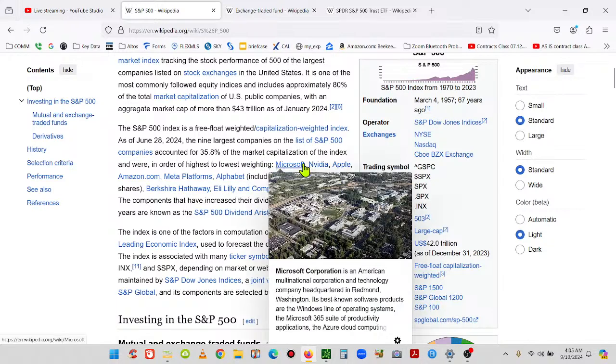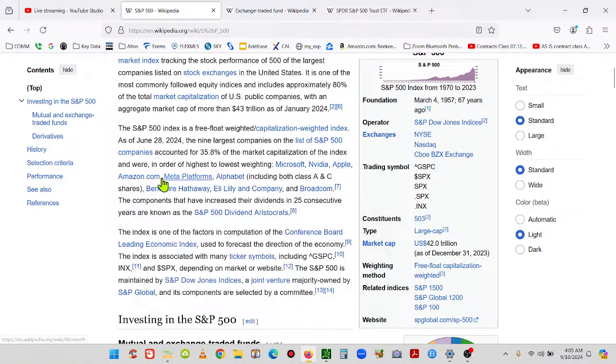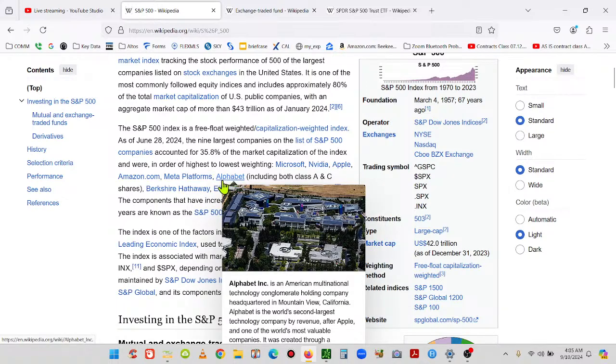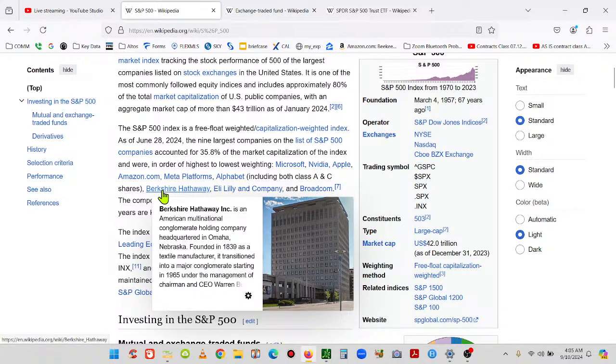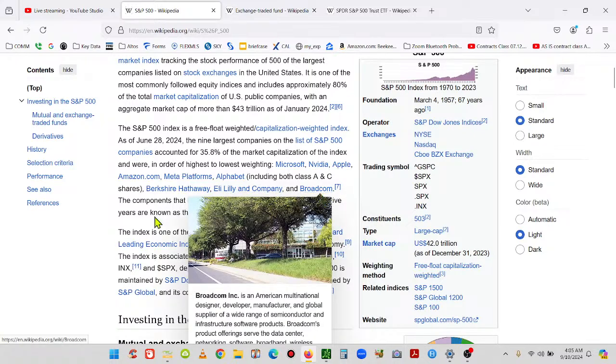So you have Microsoft, you have Nvidia, Apple, Amazon, Meta, Alphabet, Berkshire Hathaway, Eli Lilly and Company, Broadcom.